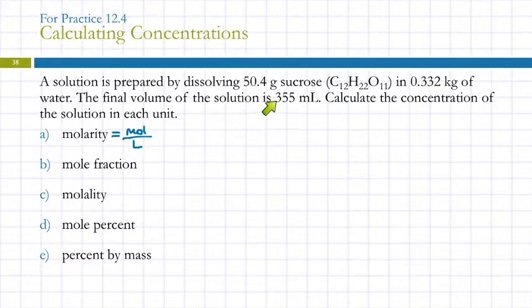We need to convert that to liters, but that's not too bad. So converting that to liters is 0.355 liters. We need the moles of sucrose. We're given a mass and a chemical formula, so we can calculate this.